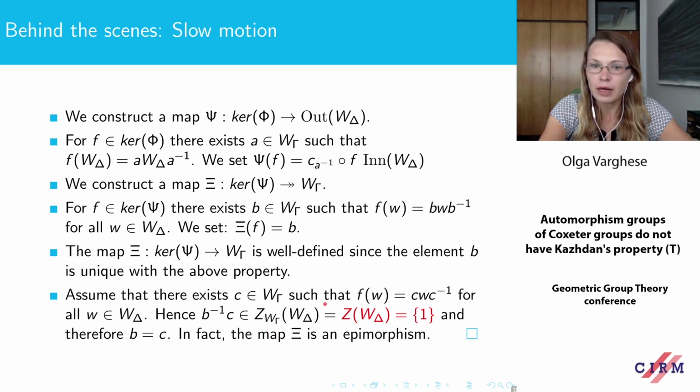And this centralizer is equal to the center of W delta, and the center of W delta is by assumption trivial. So B is equal to C, and one can also prove that the map psi is an epimorphism.